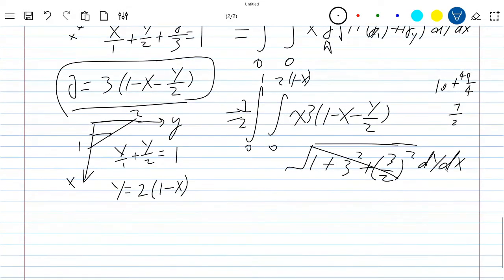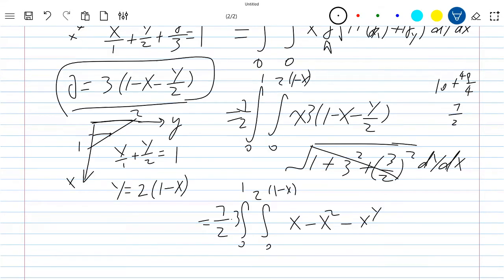Alright, so we get 7 half, 0 to 1, and inside the integral you have a 3 out there, so you can times 3, so it becomes times 3 here. Then you get this integral, x minus x squared minus xy over 2 dy dx.